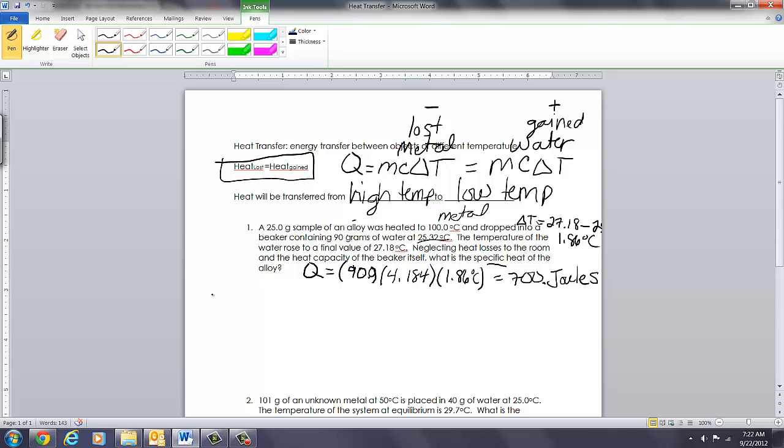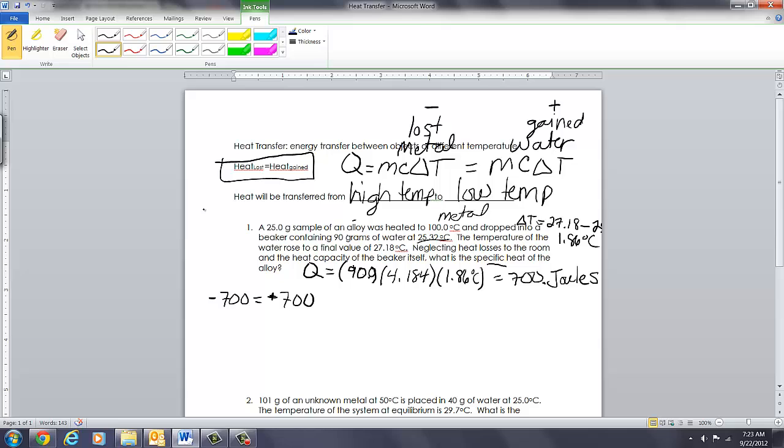Okay, so what does that mean? That means the water gained 700 joules. How did that happen? The metal lost 700 joules. So heat lost by the metal equals the heat gained by the water. So now I know Q for my metal. I know my mass for my metal. Specific heat's what I'm looking for.